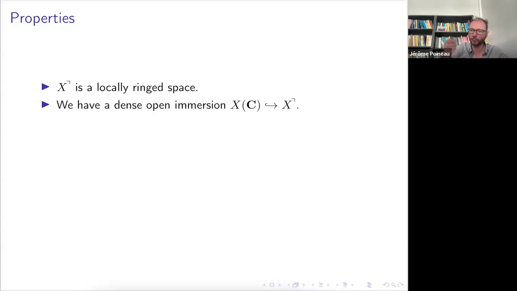When I say open immersion, I mean that when you restrict the sheaf of functions on X corner to this open part X of C, you get the usual analytic functions, of course, and this immersion is dense.